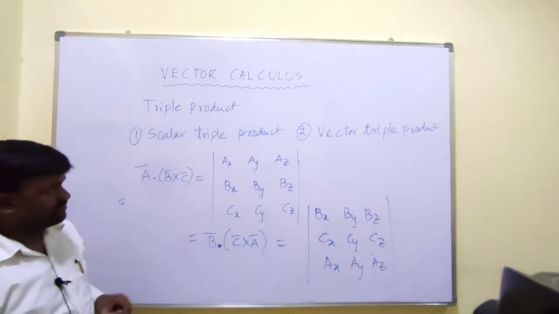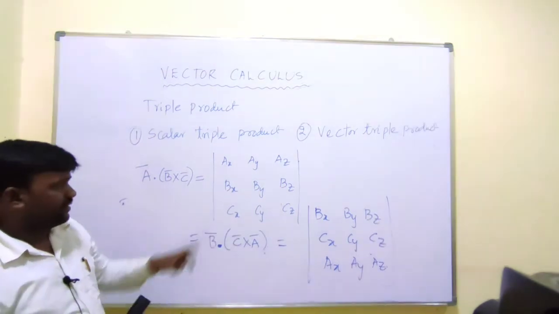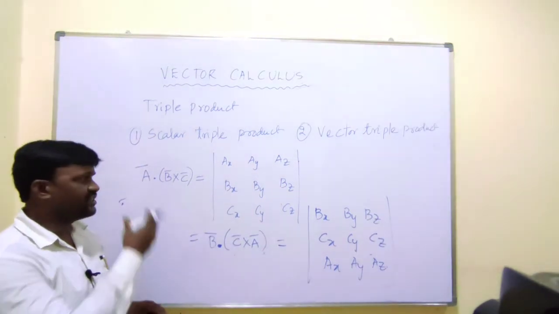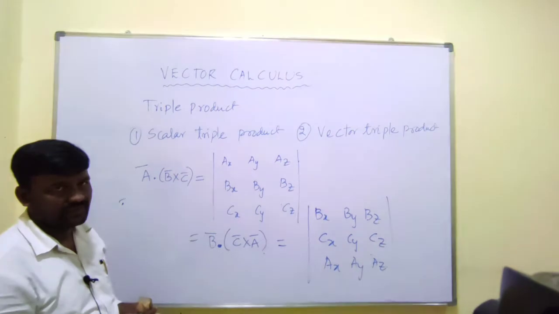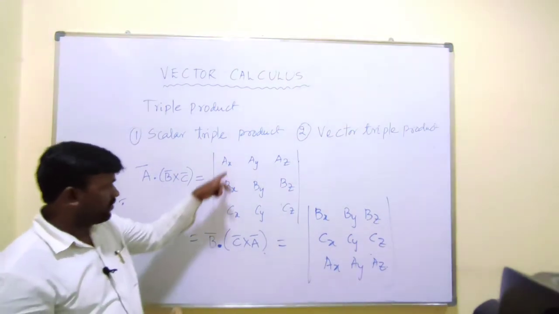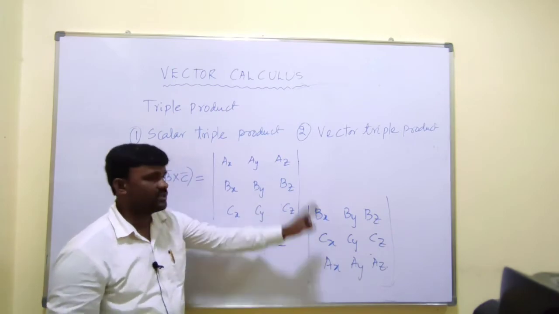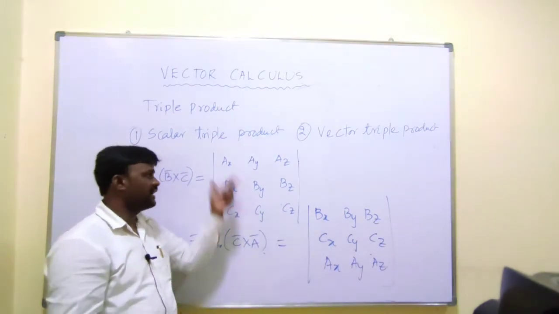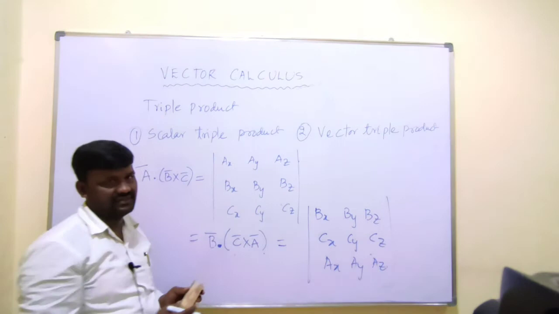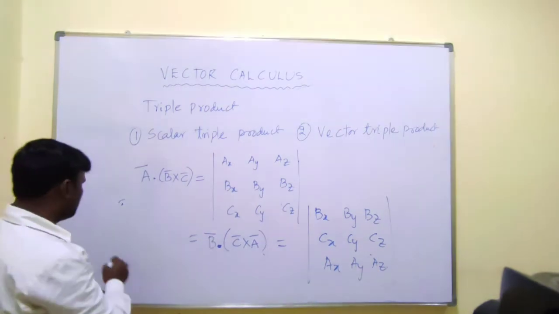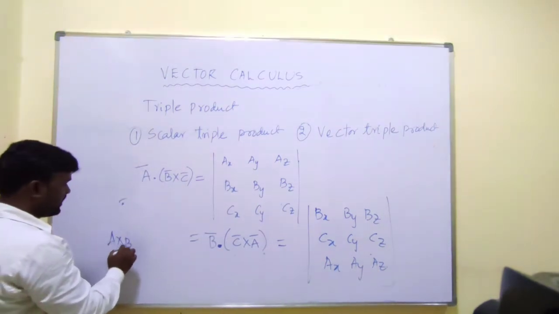There is a property in the calculation of a determinant: if you interchange the rows and columns, there is no change in the determinant. Basically, it is the determinant.